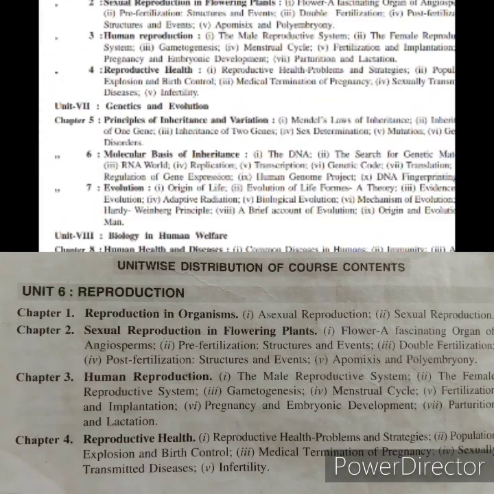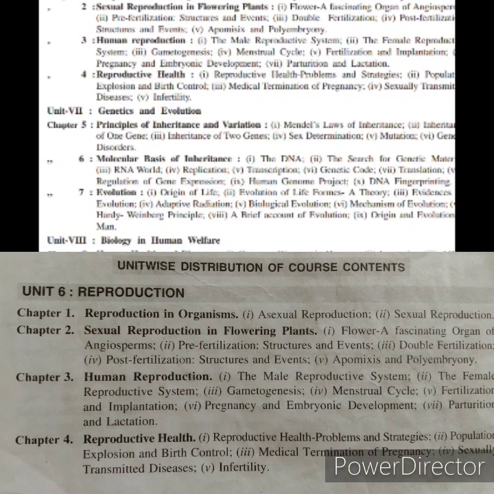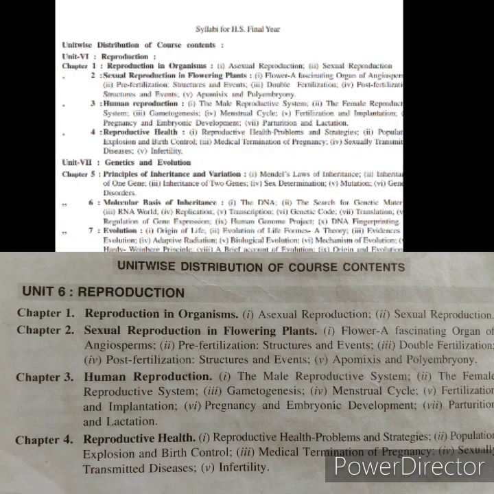You see, unit 6 is reproduction, and your first chapter is reproduction in organisms. It is in your botany part. Here there is no differentiation of plants and animals.